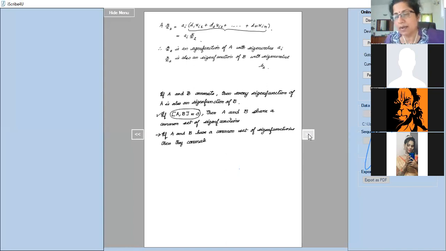Okay. Now, why are we paying so much attention to this? What is the significance of this? It essentially means that if this commutator is equal to 0, you can pick up a wave function which is an eigenfunction of A, so you get some a psi, and it will also be an eigenfunction of B, so you get a b psi.